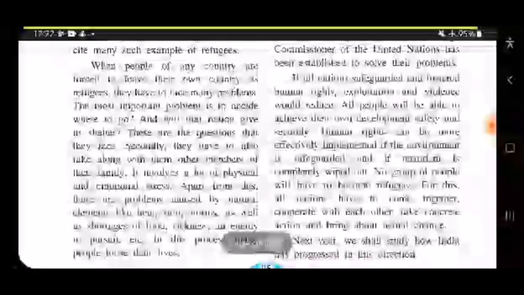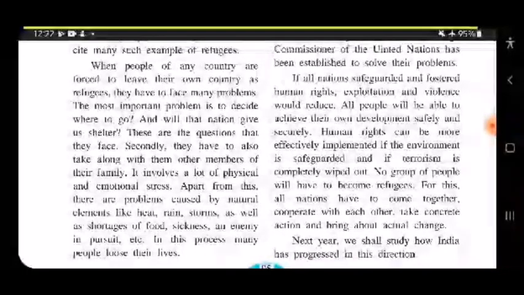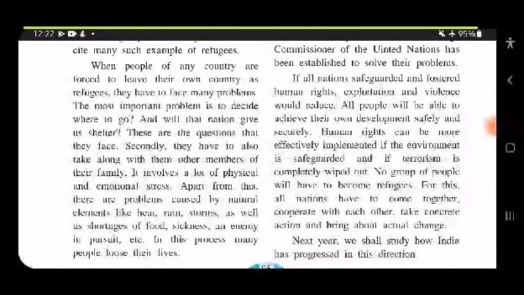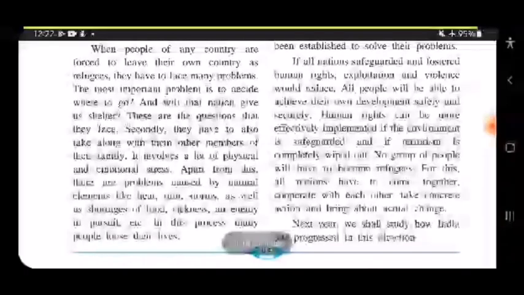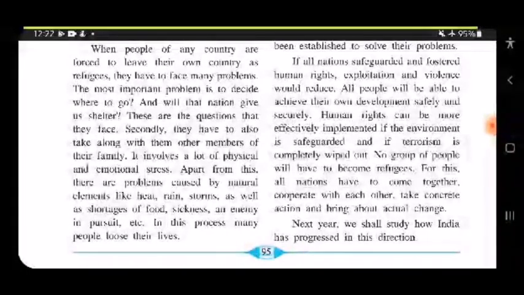If all nations safeguarded and fostered human rights, exploitation and violence would reduce. That means if all nations follow the rights, then what happens? Violence and exploitation against anyone would get reduced. All people will be able to achieve their own development, safely and securely.